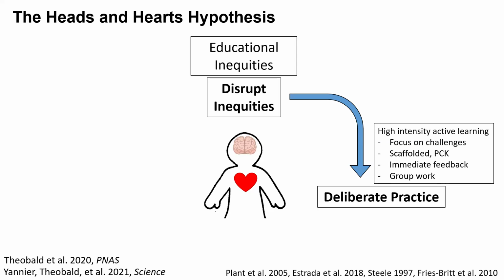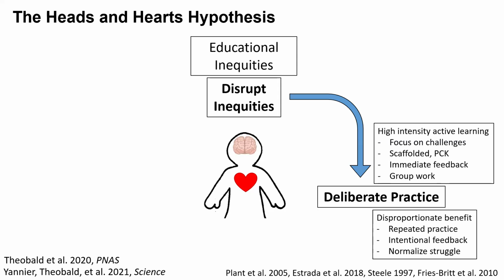It's also often coupled with very immediate feedback, whether through clicker questions or instructors circulating around the room, and the group work where students co-construct knowledge together. But in order for this kind of deliberate practice to increase equity, it needs to have a disproportionate benefit for students from minoritized groups.